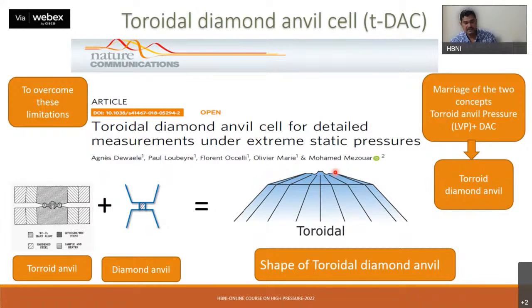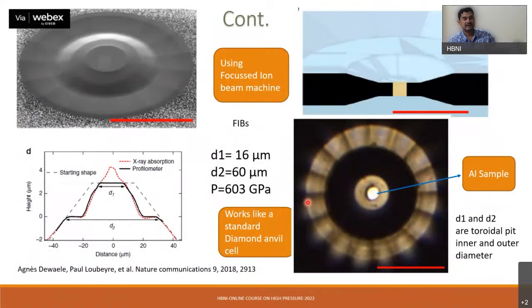So how do they make this kind of toroid anvil shape? These shapes are especially fabricated using FIBs, or focused ion beam machines. In the next few slides, I will tell you details about these things. This is a typical toroid diamond anvil.